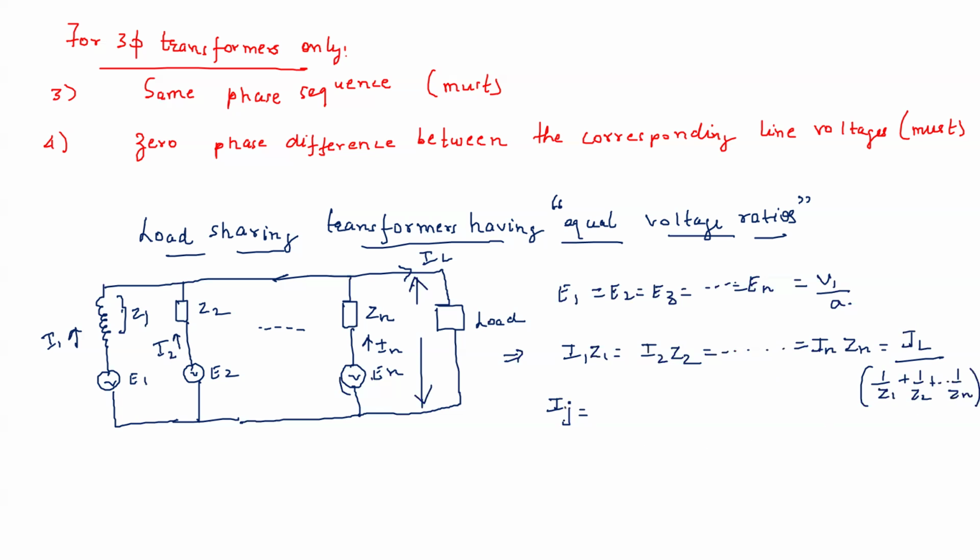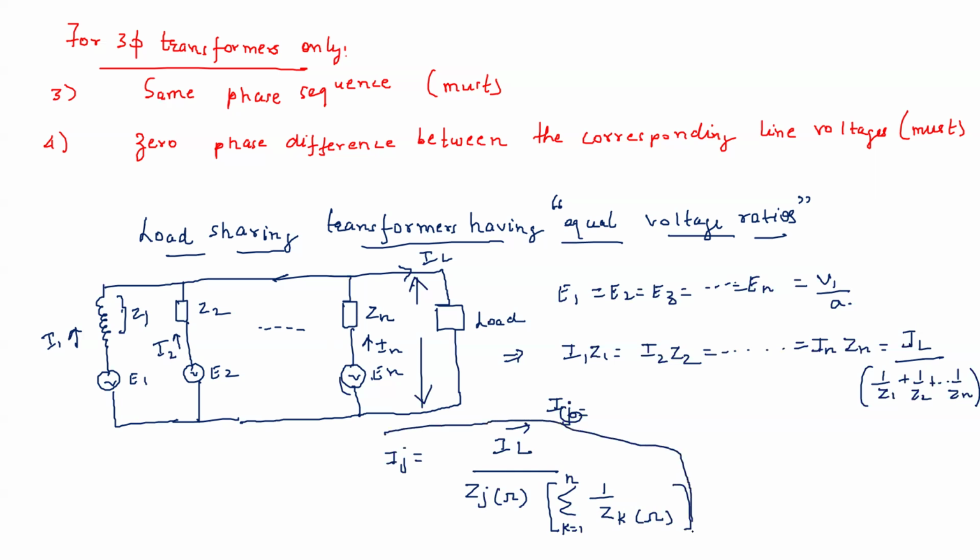From this relation, what we get is that the current in the jth transformer will be IL by Zj, remember, in ohms, not in per unit, by sigma 1 by Zk in ohms, k from 1 to n.